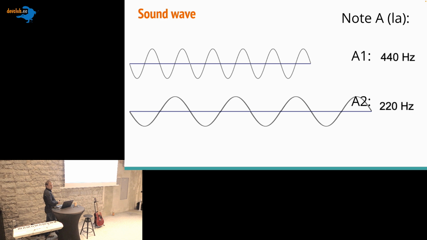Why are they similar? Because their sound waves have frequencies related by a power of 2, like one is twice the other. And when you look at these sound waves, every second time they match each other.